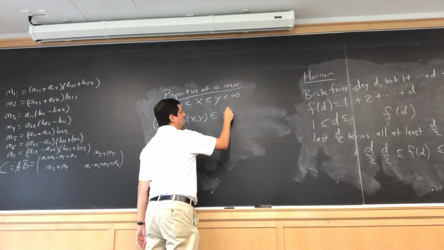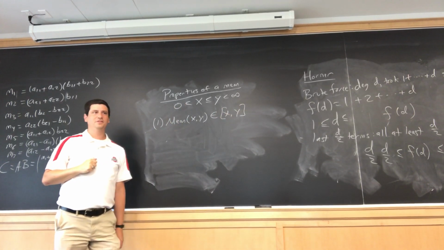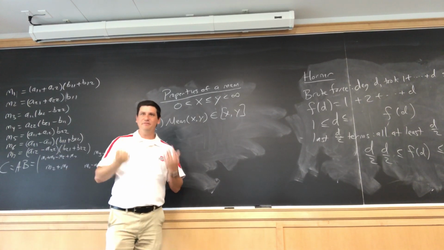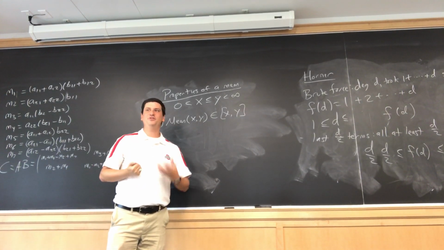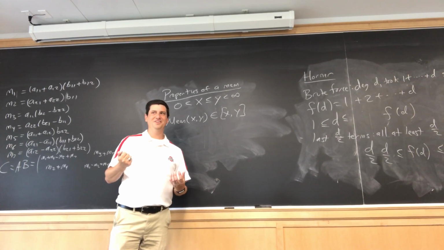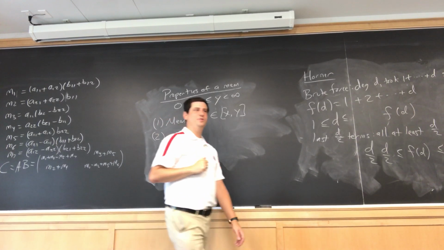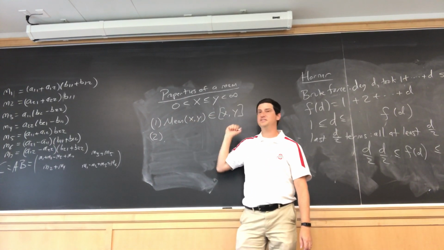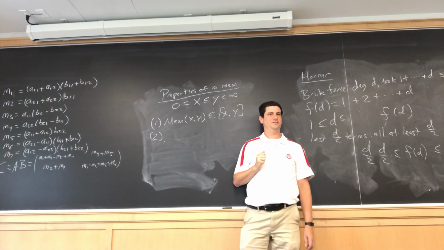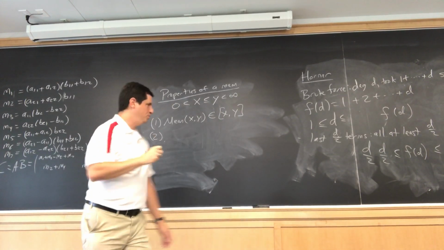Good, so it should live in the interval x, y. If I take the average of two numbers, the average of 1 and 7 should not be 23. Okay? What else do you want to be true? Any special cases? If x equals y. Beautiful.